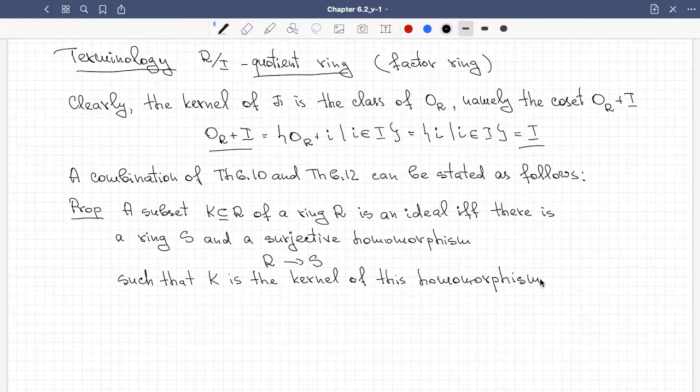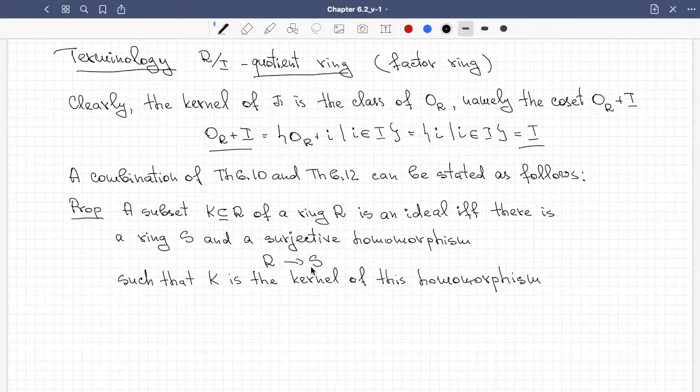We proved that the kernel of every homomorphism is an ideal, not necessarily surjective. But if we have a kernel of some homomorphism, it is surjective on the subring, which is the image of the homomorphism.